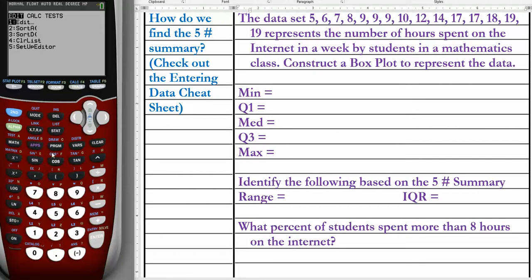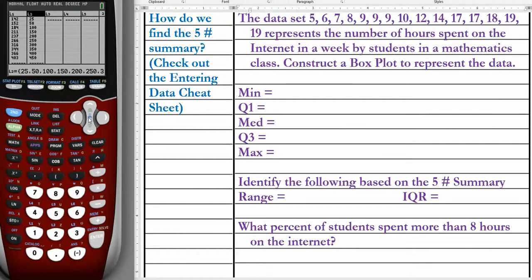But we need to go to Stat and then Edit, select number 1. If there's any data in here, arrow up so that the black box is on the list, hit clear and enter. And do the same thing for L2 if need be. But in L1, we're going to type in all of these data points and hit enter after each one.